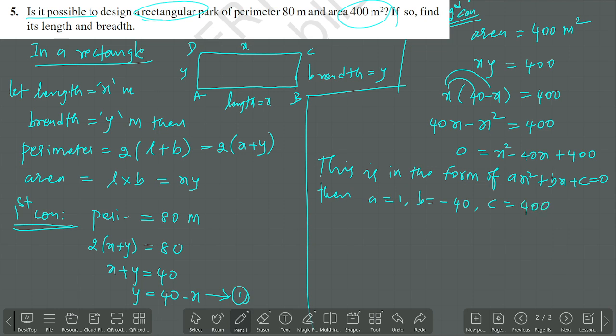Now D is equal to b square minus 4ac. B value minus 40, minus 4 into a value 1, c value 400. 40 square is 1600, minus 4 into 400 is 1600. So we are getting D equal to 0.